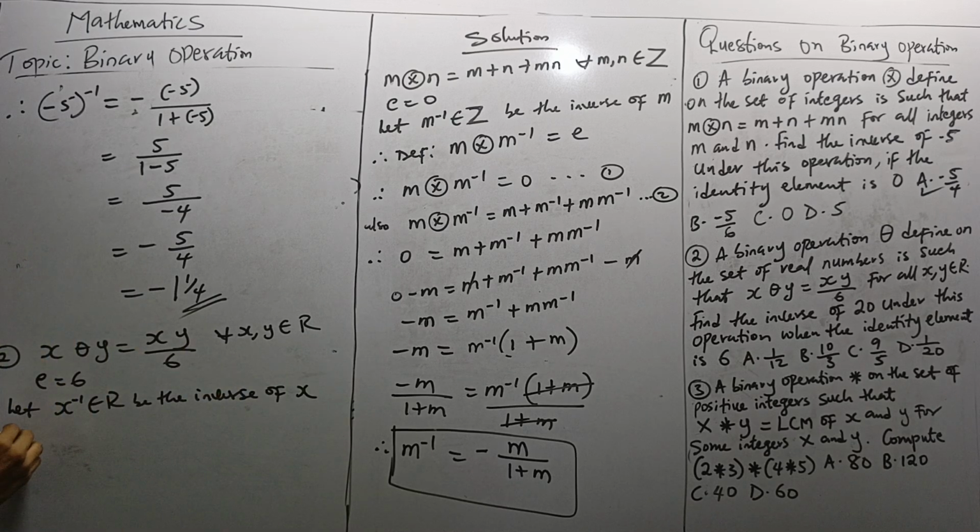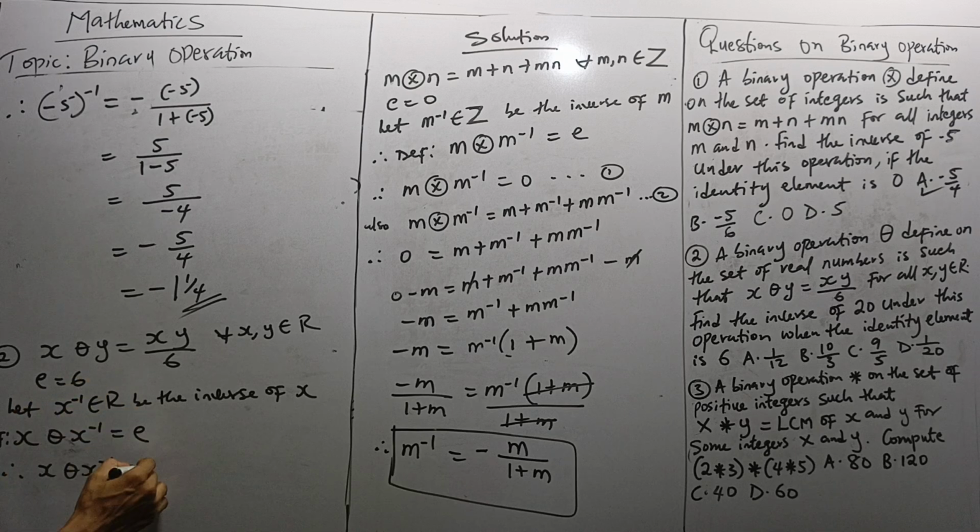So from the definition of an inverse element, x combined with its inverse under this operation will give us e. So we have x * x inverse equals e. What is our e? 6. So I'll call this equation 1.